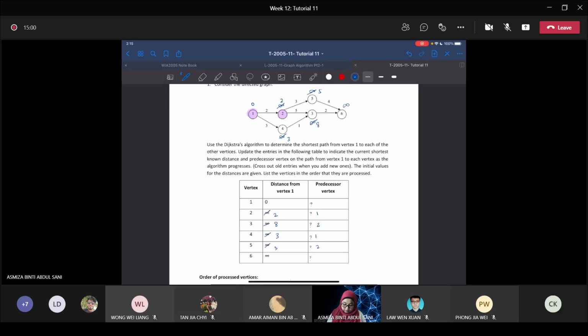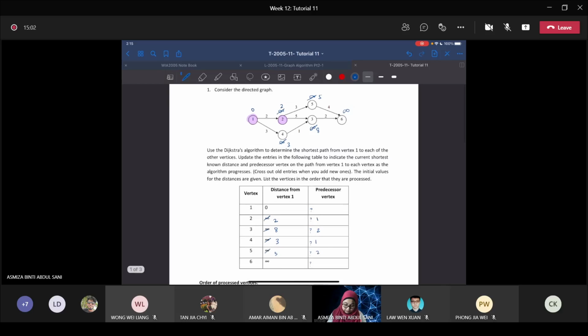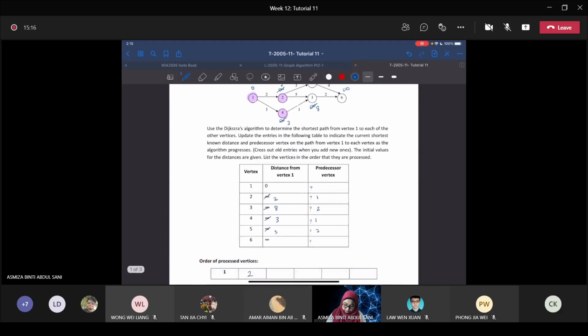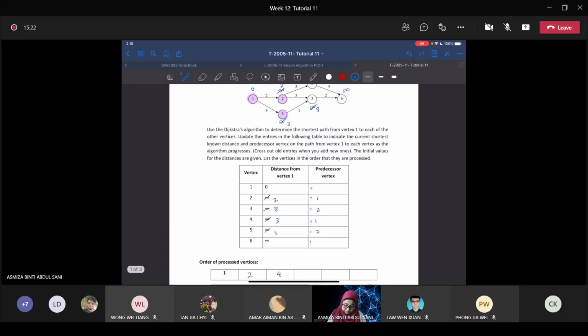Then we again look at which vertex to process. We have this and this to consider, and we need to find the smallest, and therefore we are going to process 4. Vertex 4 has only one edge, which goes to 3.